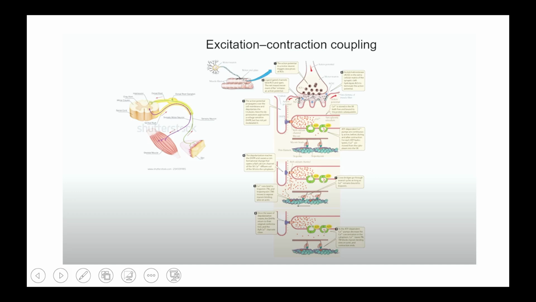All these muscles are voluntary muscles, so these are done by our will. When we want to do the muscle movement, our brain sends the signal, and that signal traverses to our muscles via the neurons.